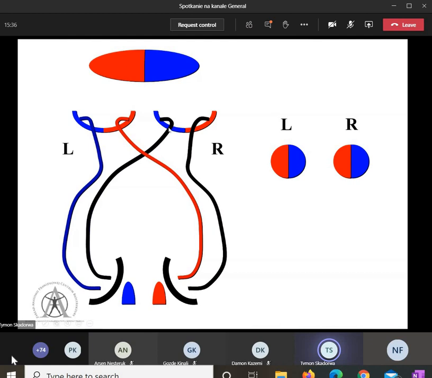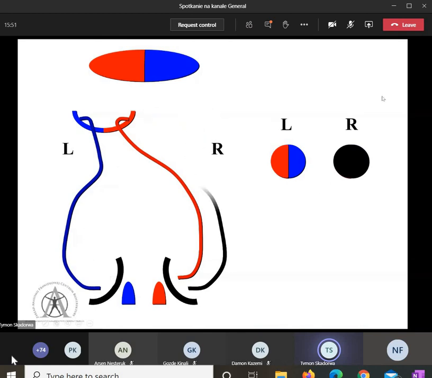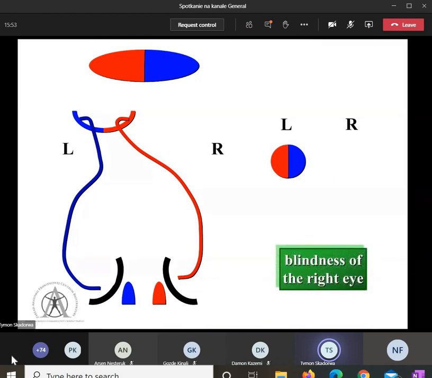So actually this information does not reach the cortical center, okay? So in fact, one eye cannot see anything because nothing can be transmitted from retina. So this is what we call a blindness of one eye. In this case, this is right eye, okay?